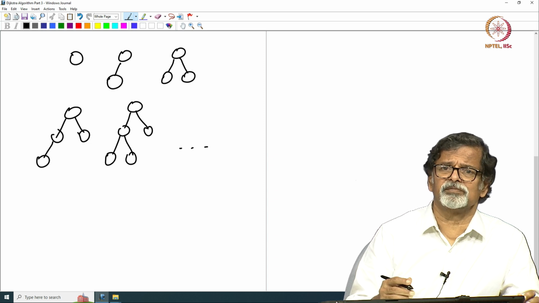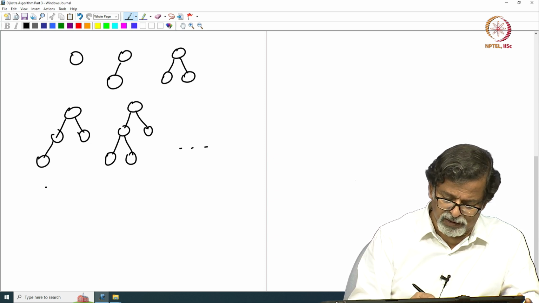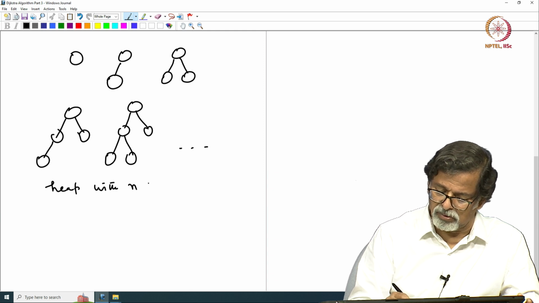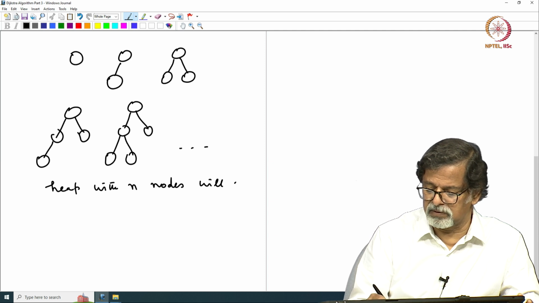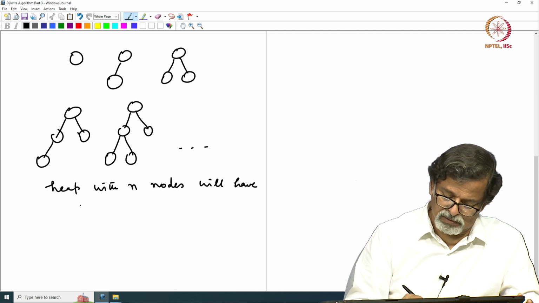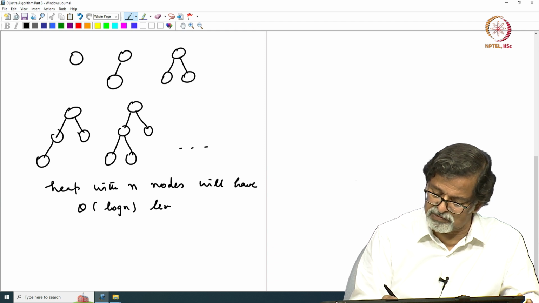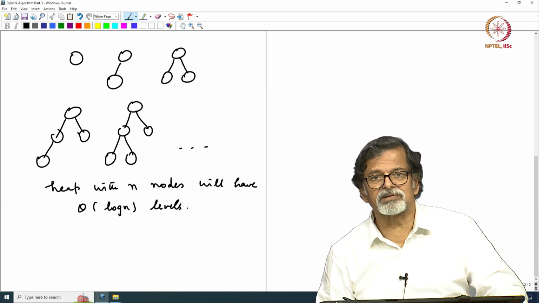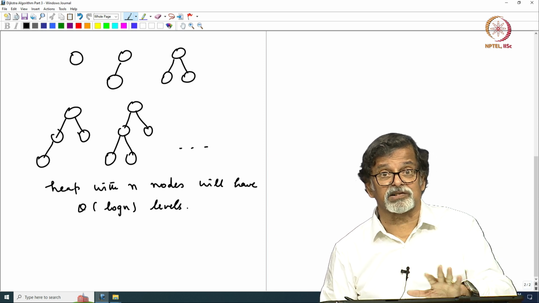This heap has several interesting properties. A heap with n nodes will have theta log n levels. And not only that, this is a structure of a heap.